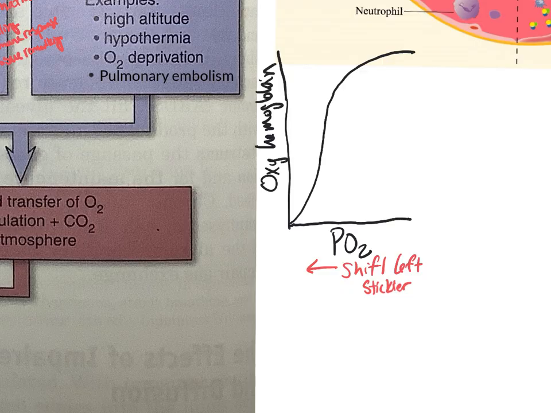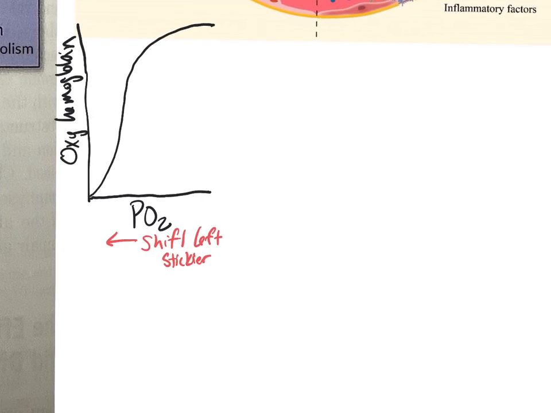And so it's going to pick it up in the lungs, but it's not going to want to let it go at the cells when it gets out to my cells. All right. Things that will make it stickier are hypothermia, alkalosis.